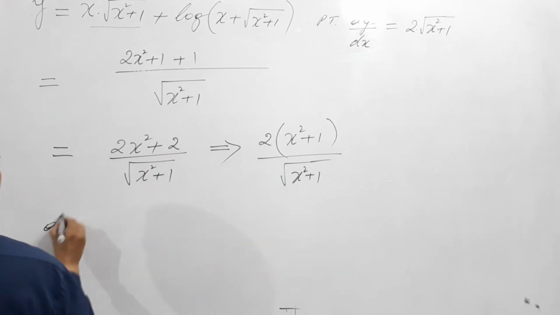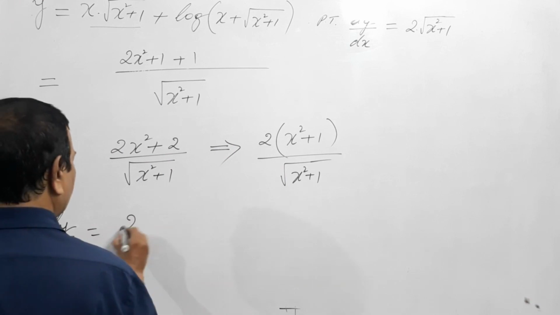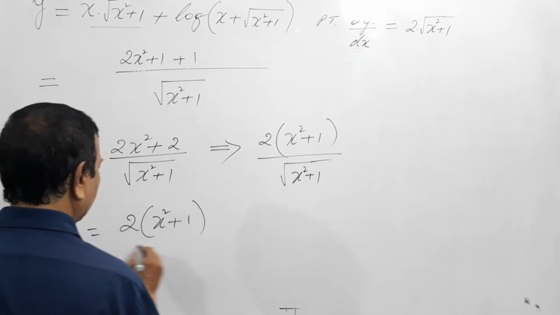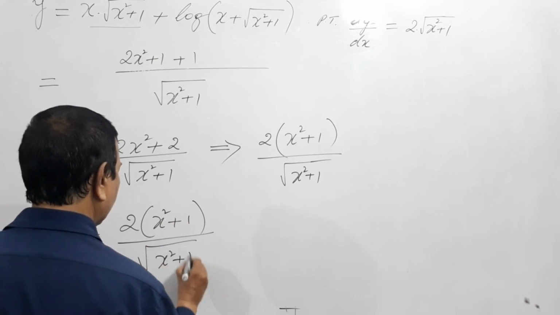So dy by dx equals to 2 into x square plus 1 by under the root x square plus 1.